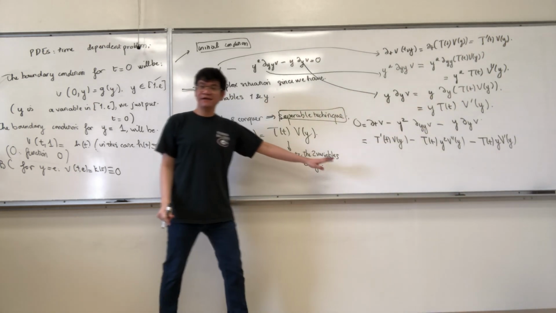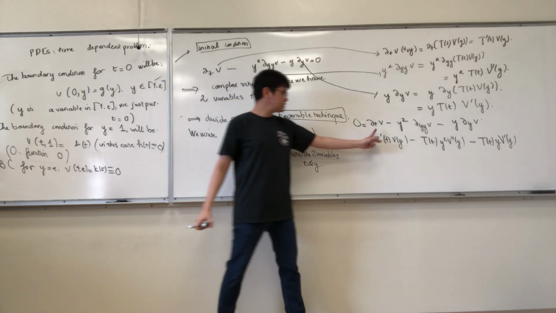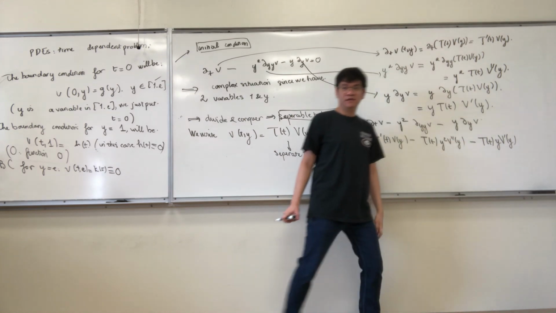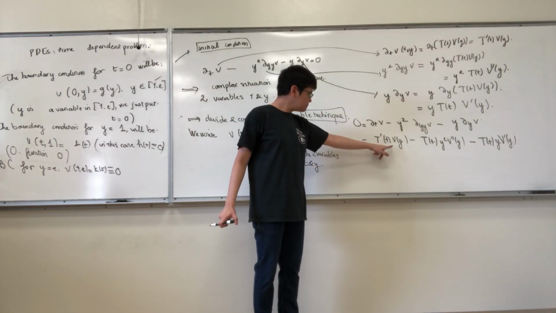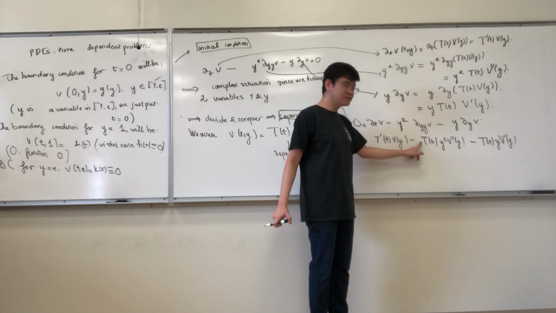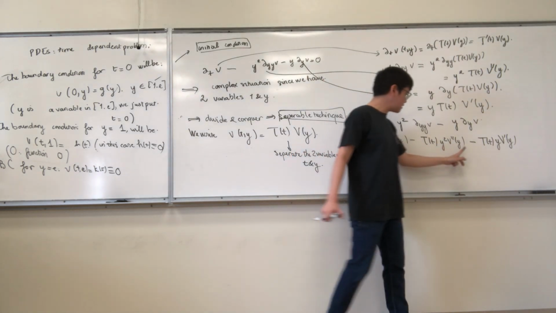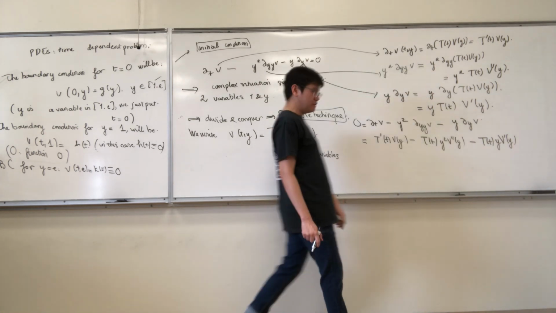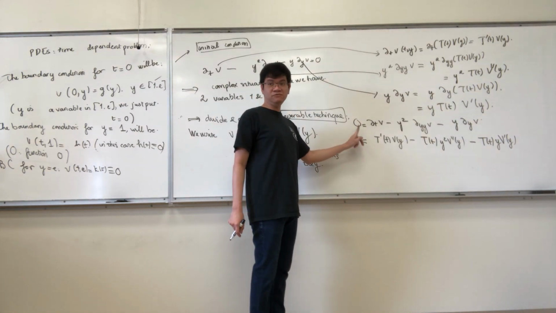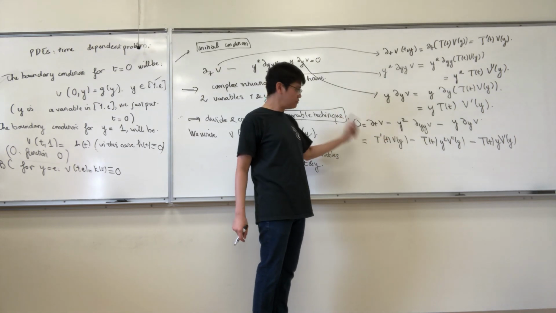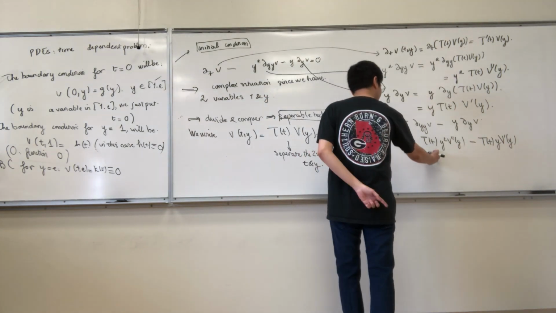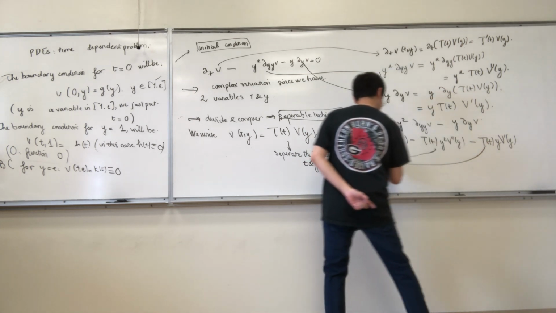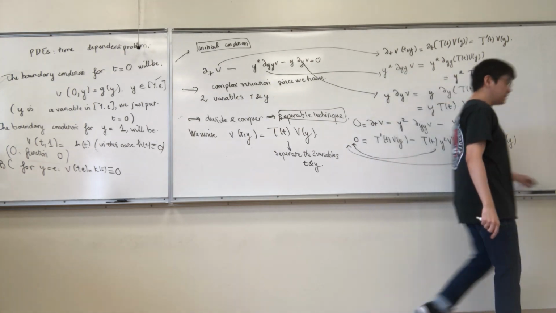I plug everything into the equation, and because everything is 0, this is the solution of the equation. Everything is 0, meaning that I can put all of this to the other side, and I get the following.